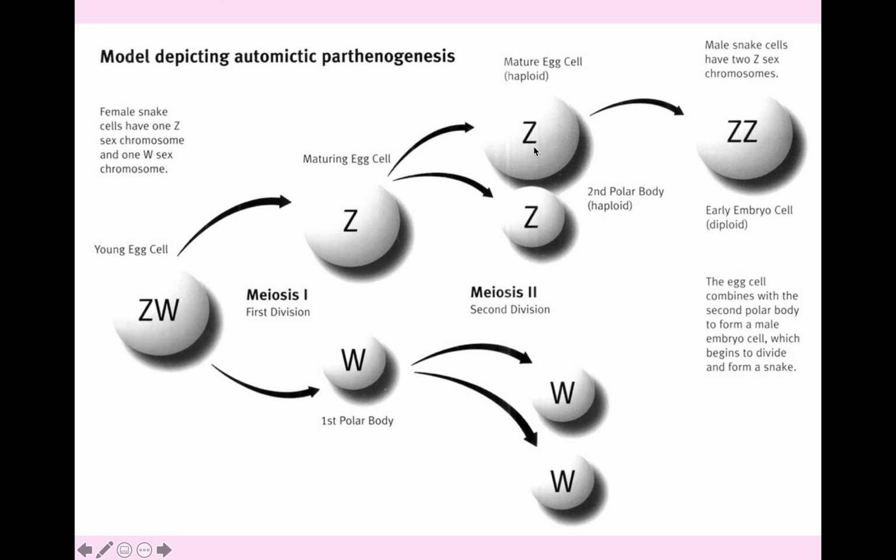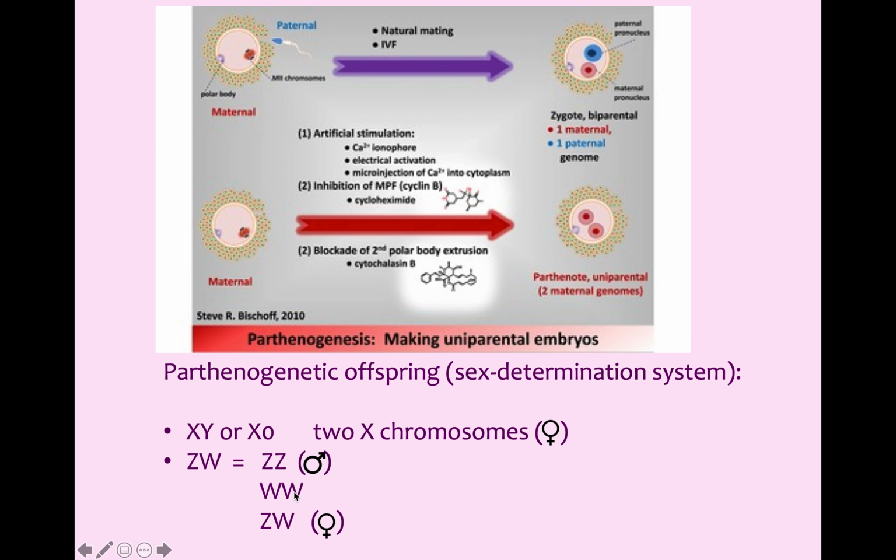If the same division occurs and you get double W, this will die. It will not develop into any baby. So if you were to get this, no babies will occur, the zygote or the egg will die off later on.